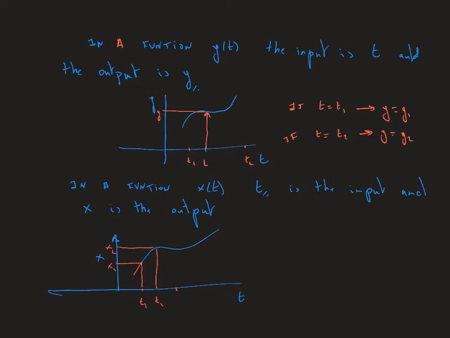If t1 is the input, you produce an output that is y1. And if t equals t2 is the input, you produce another output that maybe is this one. So it will go to this point, y2. So between t1 and t2, there is a delta t. And between y2 and y1, there is a delta y.